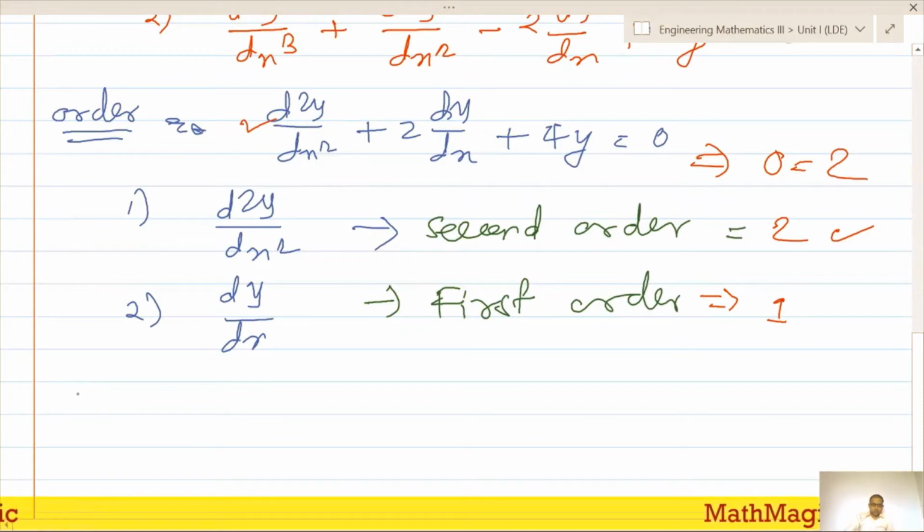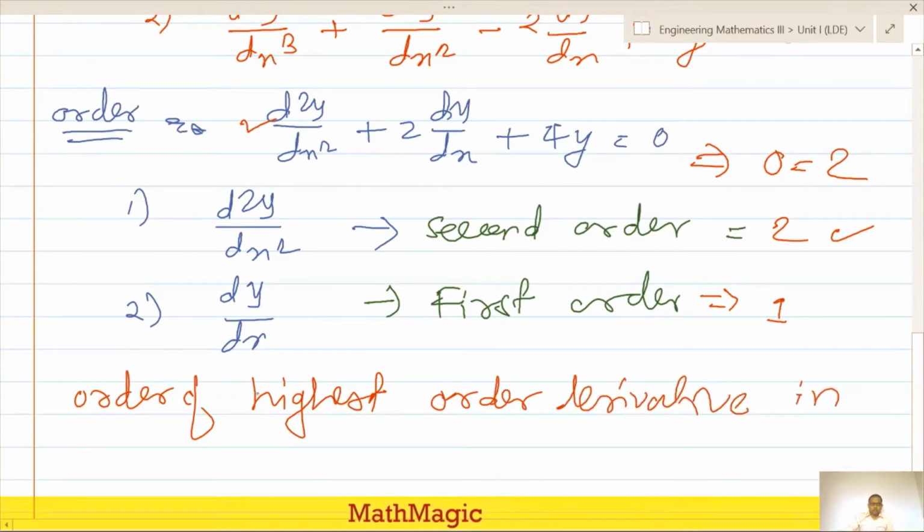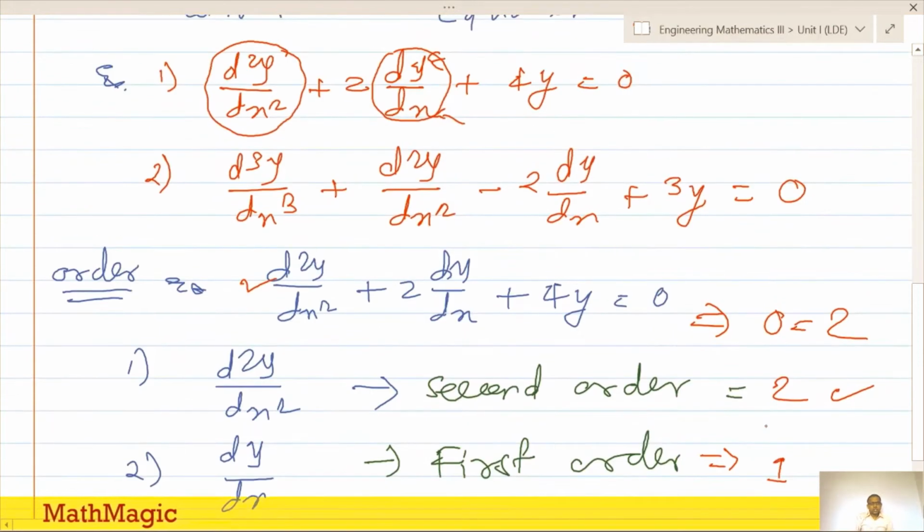The order of the highest order derivative in the equation is the order of the differential equation. Got it?